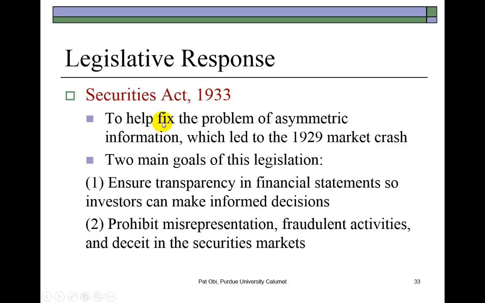The Securities Act of 1933, which came right about the time that about half of U.S. banks went out of business, was enacted by Congress in response to the market crash and the deepening recession, which had become a depression.